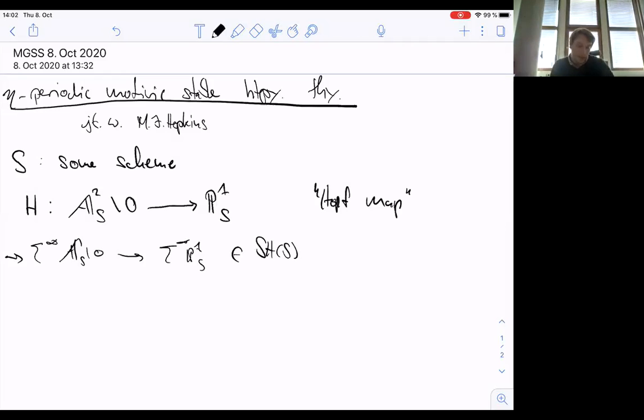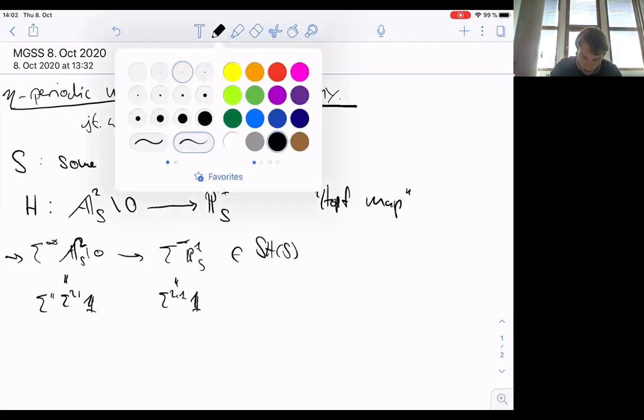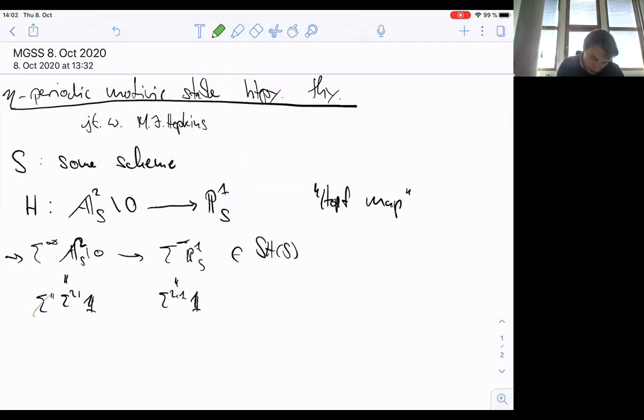And there's this well-known fact that P^1 is the (2,1) suspension of the sphere. It's also pretty well known that A^2 minus the origin is the (1,1) suspension of the (2,1) suspension of the sphere. Now I can cancel off these (1,1) suspensions.